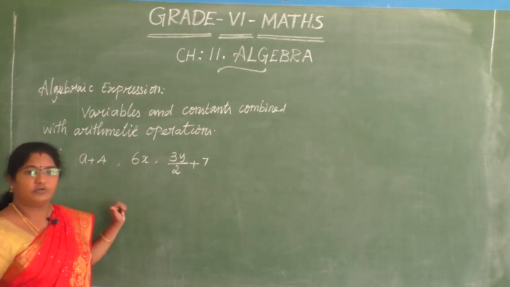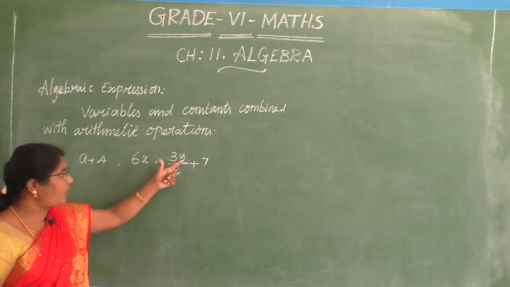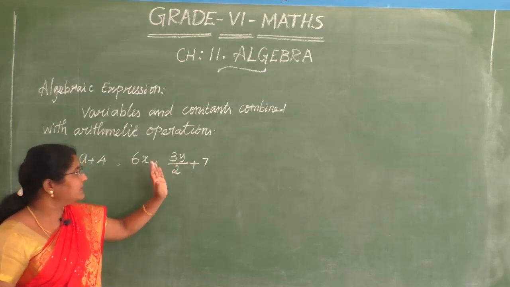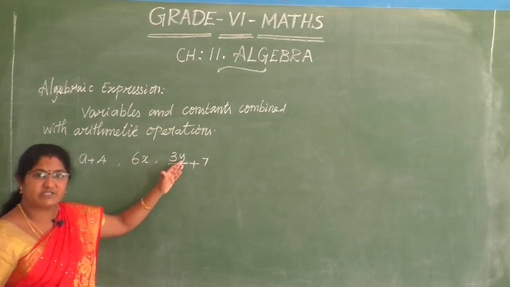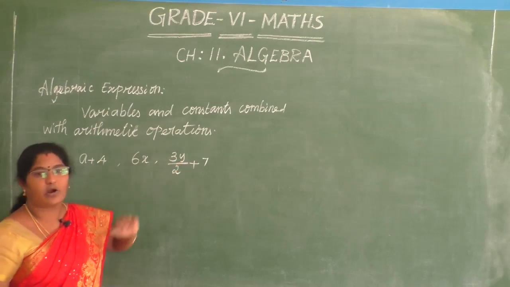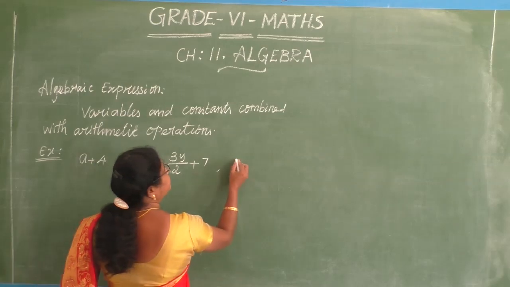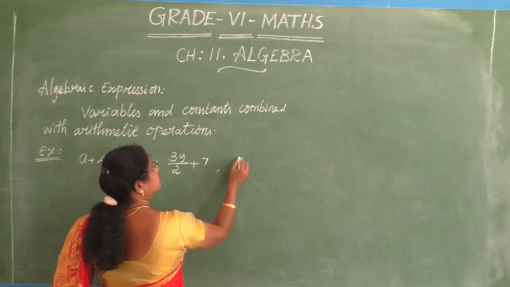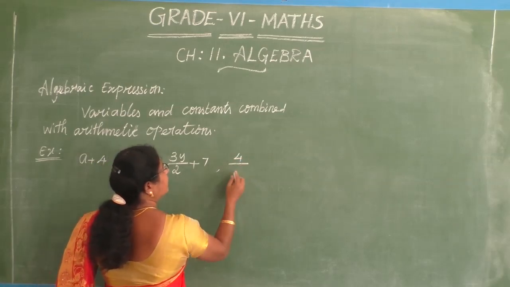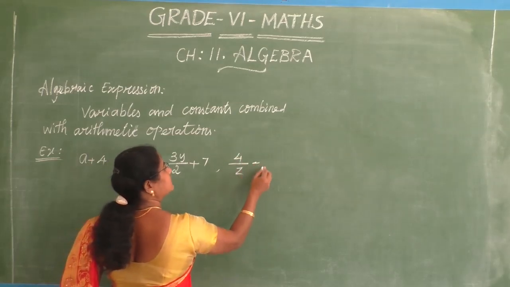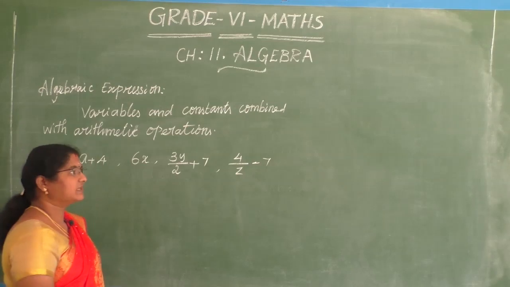So this is also an expression, 3 by 2 y plus 7. Here one variable is there, here a number. This 3 by 2 is in multiplication with y, and the addition operation. Understand? Or 4 by z minus 7y.